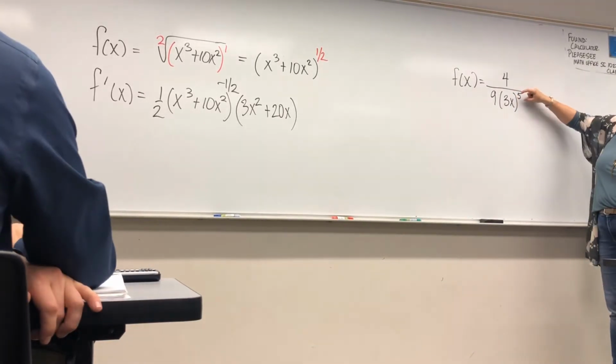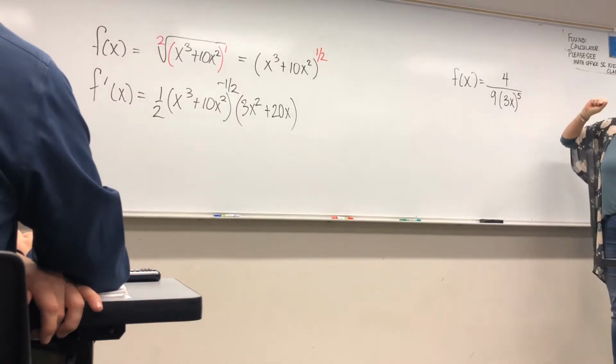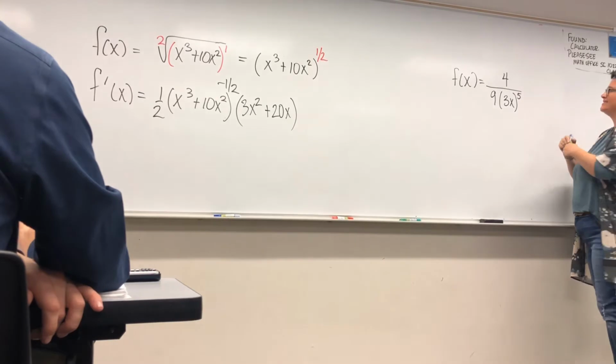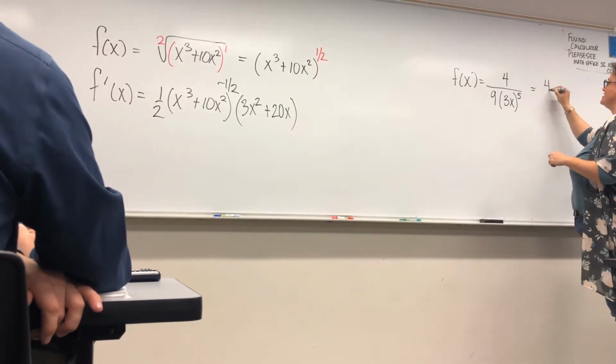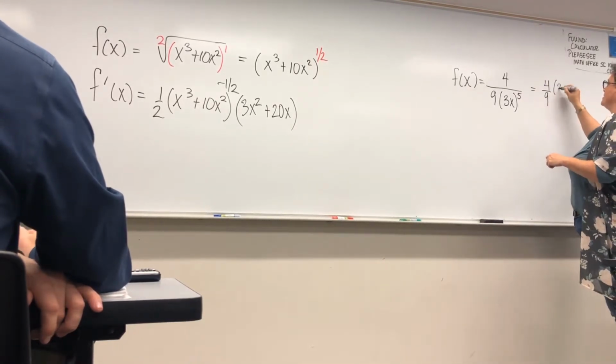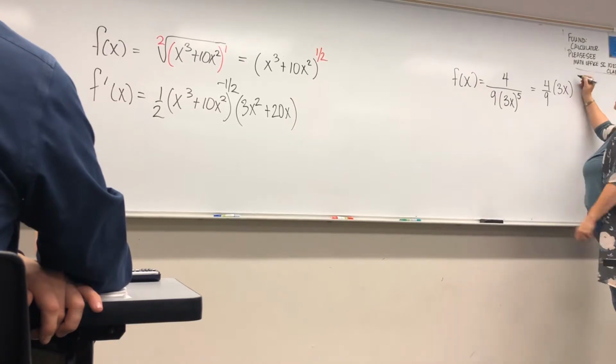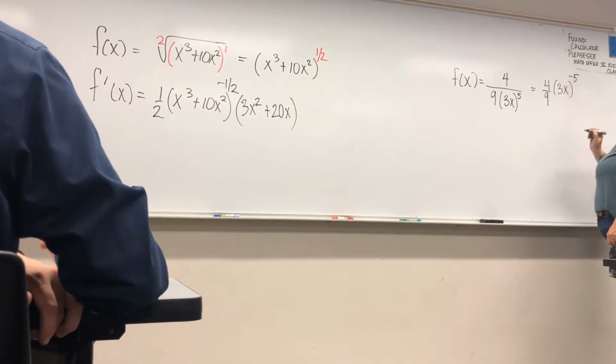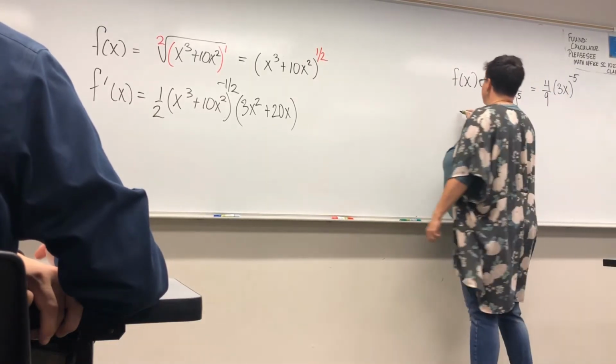So now when I grab that exponent and bring it up, what goes with it? A negative. So if I rewrite this, this is 4/9 times 3x to what power, guys? To negative 5. Great.